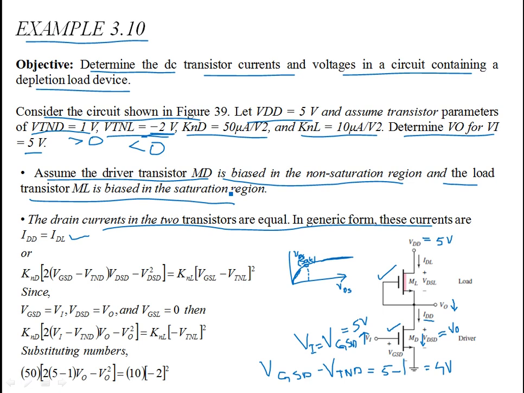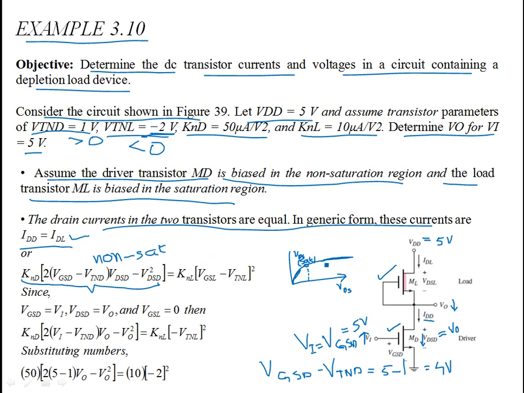If this assumption is correct, then these two currents are equal. The driver MOSFET, an enhancement type NMOS, follows the non-sat current-voltage relationship.